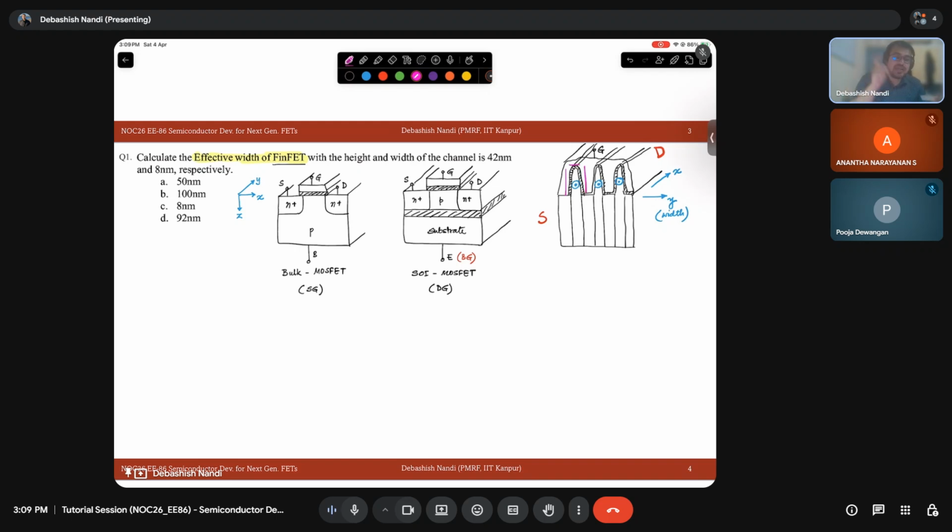Your channel is wrapped around by the gate in three directions. This is also sometimes called a tri-gate structure, where the gate is surrounding the channel from three directions. This structure is also called FinFET.